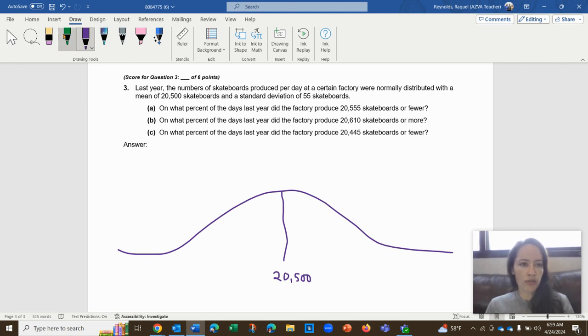Okay, so now let's do one standard deviation less, one standard deviation more. Well, the standard deviation is 55, so if we go up a standard deviation, it would be 20,555. Does that make sense? That's what a normal curve. This is why we like it, because we have that empirical rule, 20,445. Okay?